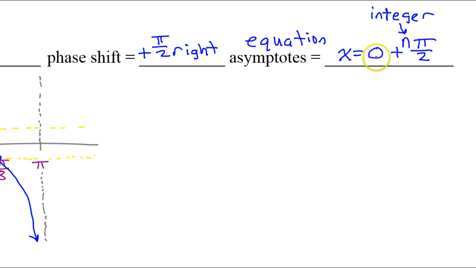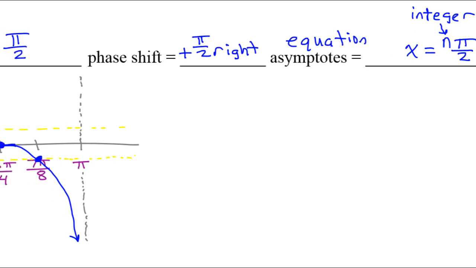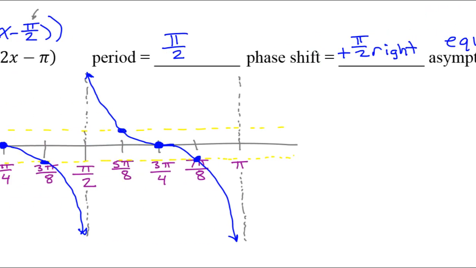Speaking of 0, it is silly to put 0 plus something. You know, like, what's 0 plus 5? 0 plus 5 is just 5. So we don't really want to put the 0. I wouldn't take off for it, but you really don't need the 0. So we will just write x equals n pi over 2, and that's it. And that's going to be it for this problem.